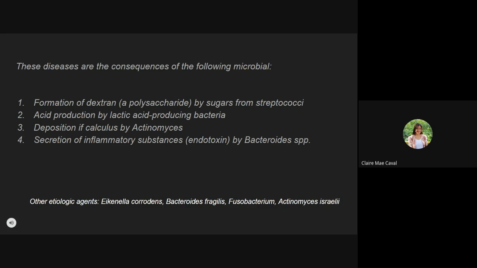Third is deposition of calculus by Actinomyces. And lastly, the secretion of inflammatory substances or endotoxins by Bacteroides species. Other etiologic agents include Eikenella corrodens, Bacteroides fragilis, Fusobacterium, and Actinomyces israelii.